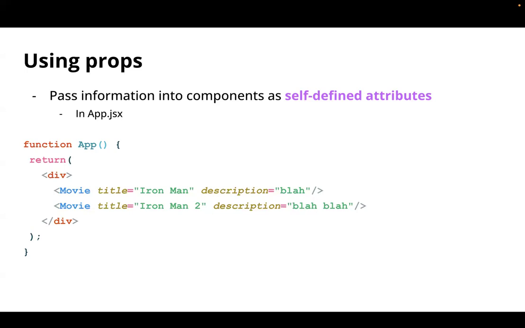We also need to update our movie components so that they understand that there are different arguments being passed in, and use that information to display and update what they are doing. What is passed in is this props object with the title and description.